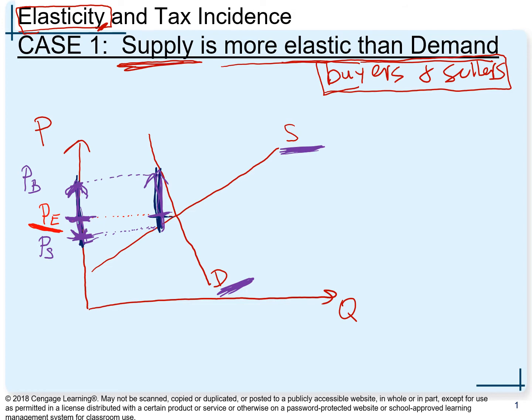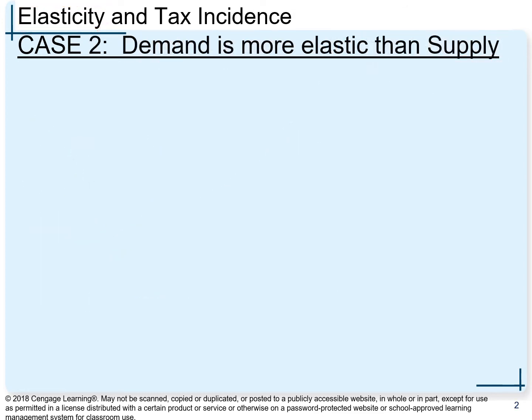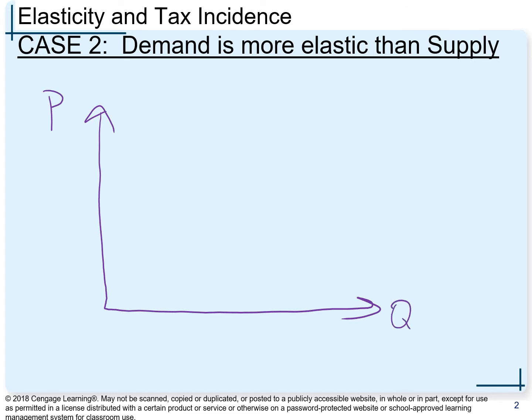Okay, so now in the next one we're going to reverse. Let's suppose we have markets for the same product. We have price and we have quantity, and we have supply and we have demand. And what are we going to do? We're going to reverse. Our demand right now is going to be more elastic.